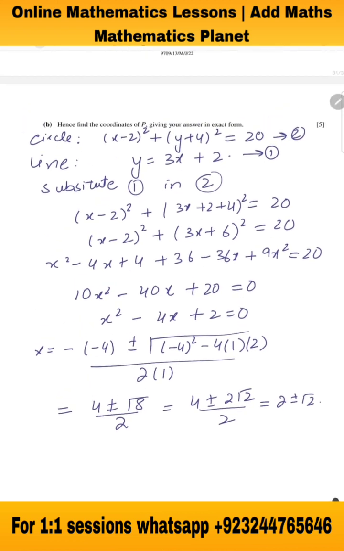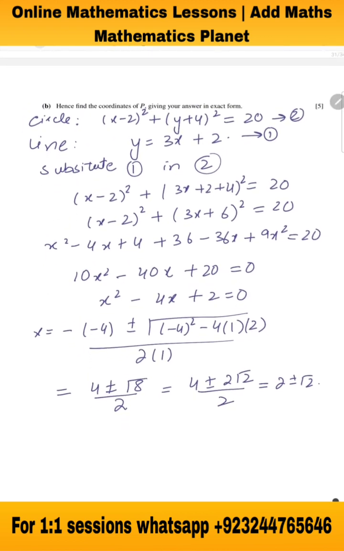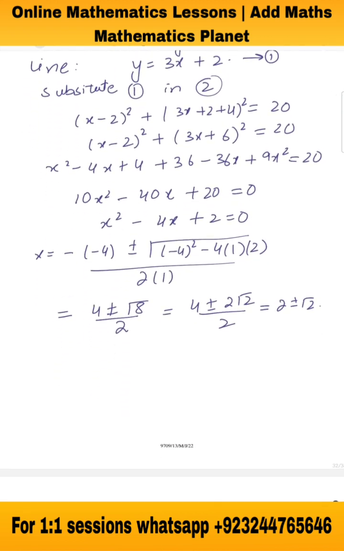square root 2. So this is the x coordinate of P, which should be less than the x coordinate of C. So we will ignore the addition form and take the subtraction form, that x is equal to 2 minus square root 2. So y will be equal to 3 times 2 minus square root 2.